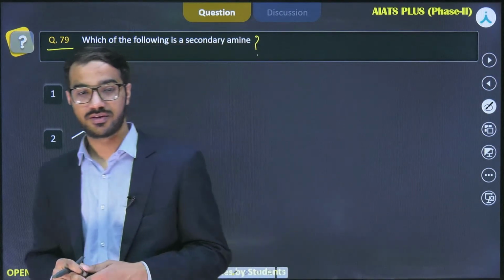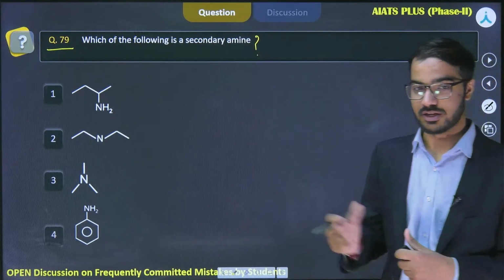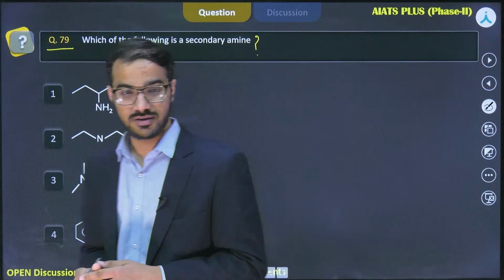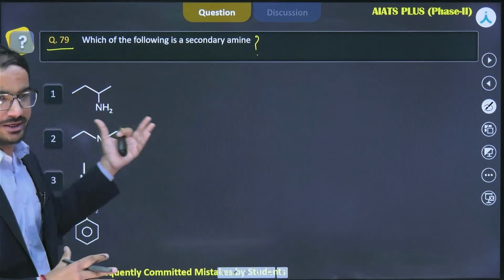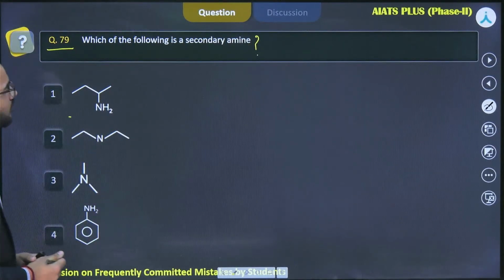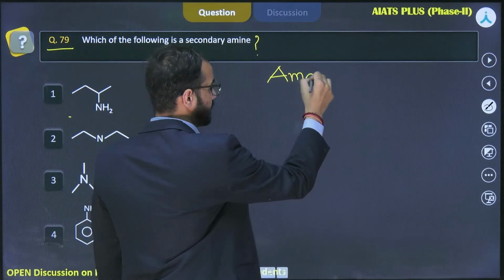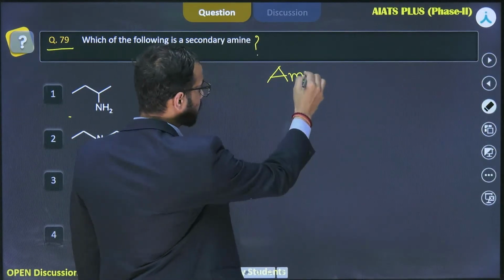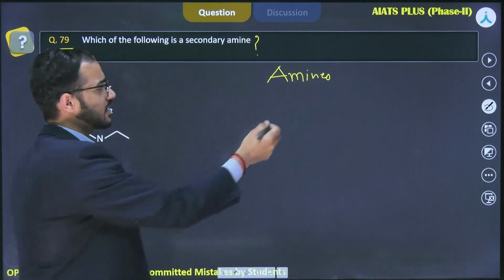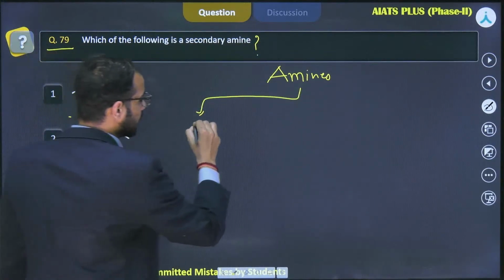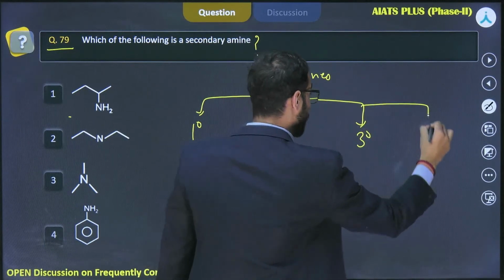Everyone is so observant that they've given the perfectly correct answer. Okay, option 2, that's quite impressive. So let us get into the depth. In the very first part, if you are having amines, we can classify them into 4: 1 degree, 2 degree, 3 degree, or 4th quaternary.